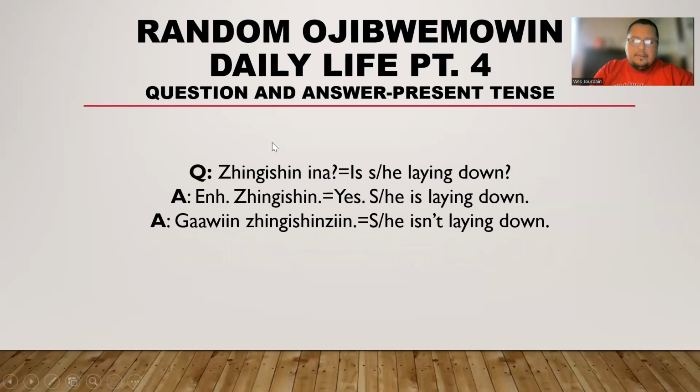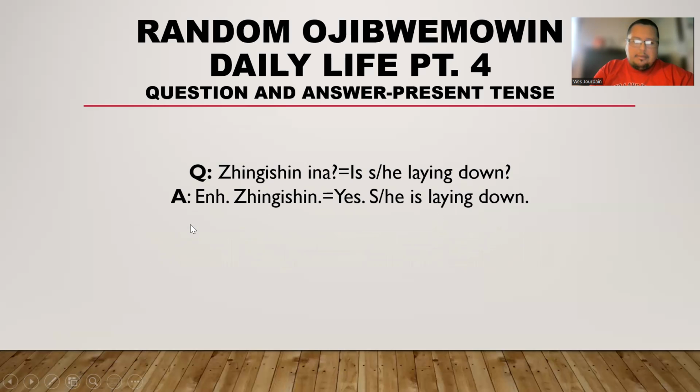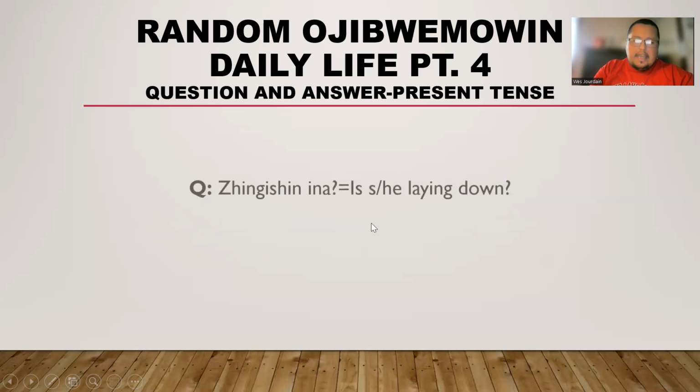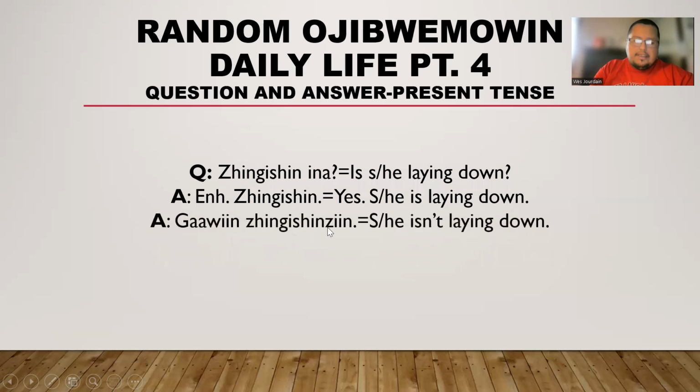We can give you an example here. Gawin wisinisin. When it ends in a vowel, we'll use sin. But when it ends in N, we're going to use Z because it has that nasal flow to it. Gawin jingishinzin.